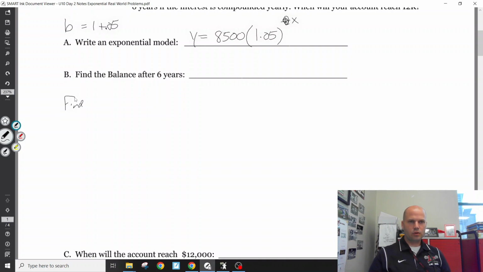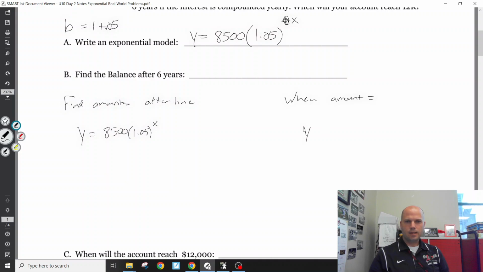So we need to find amounts after time, and then we're going to find when our amount is a certain value. So we start here with our equation for both, but then we got to understand, what do we need to find?